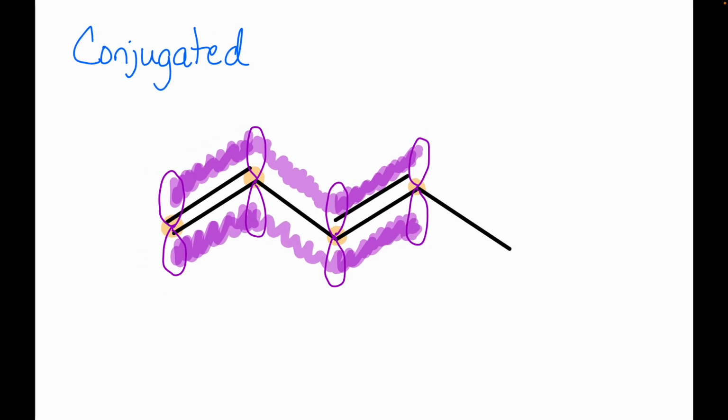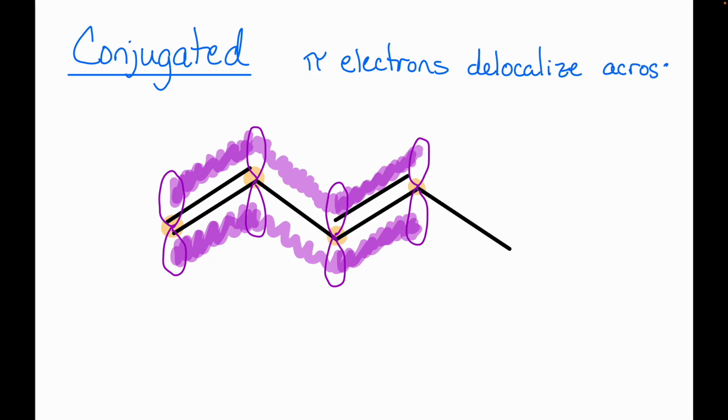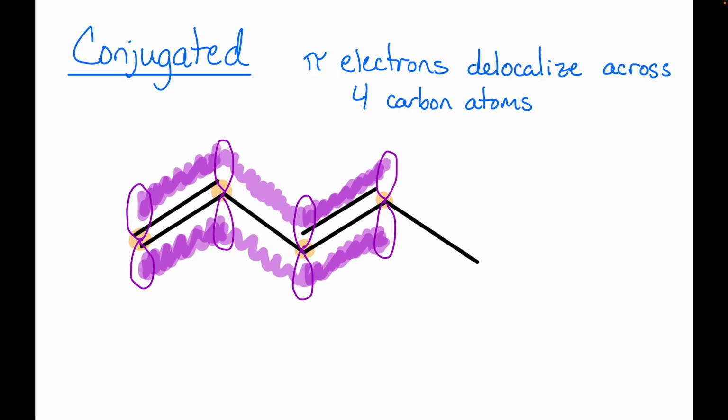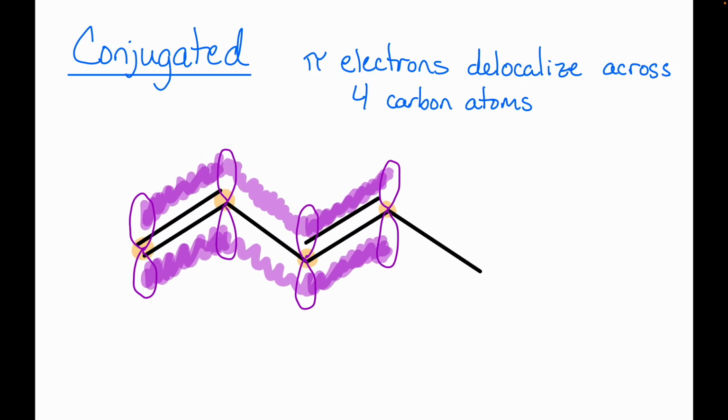All right, so in our conjugated dienes, these pi electrons delocalize across those four carbon atoms. Delocalize is a fancy way of saying spreads out across all those positions.